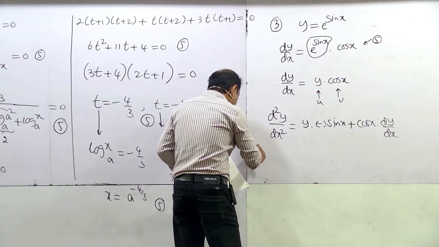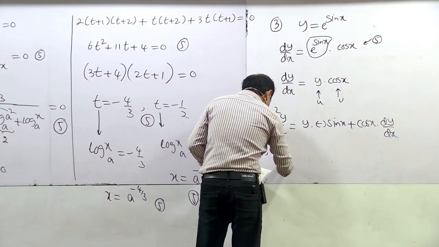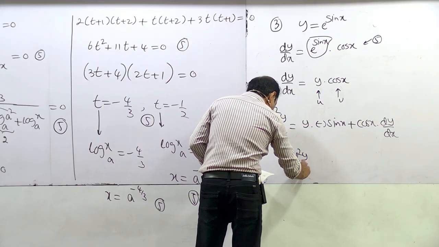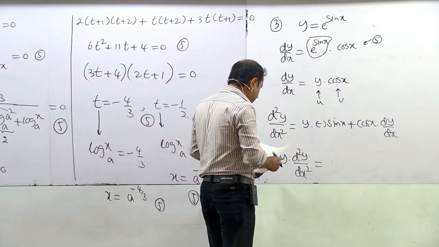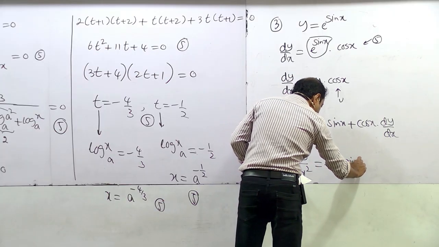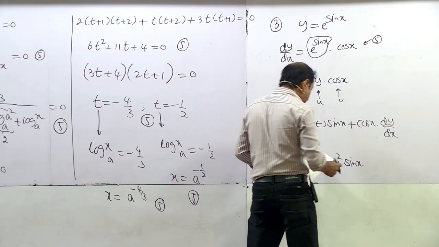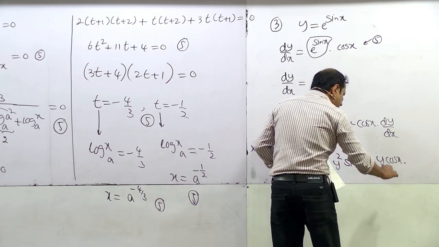Then multiply this by y. Then we get y d2y over dx2 equals minus y squared sin x plus y cos x dy by dx.